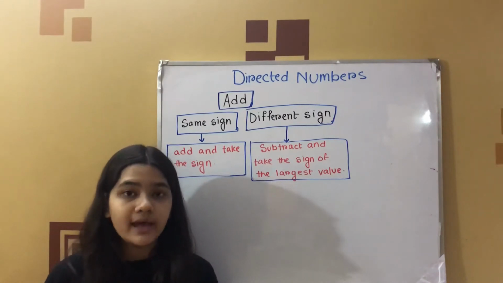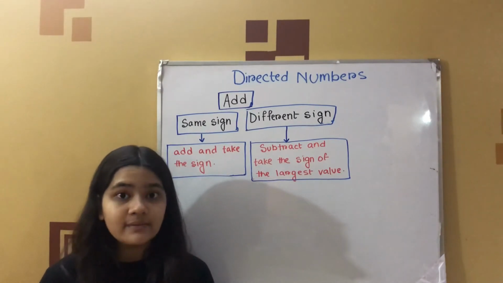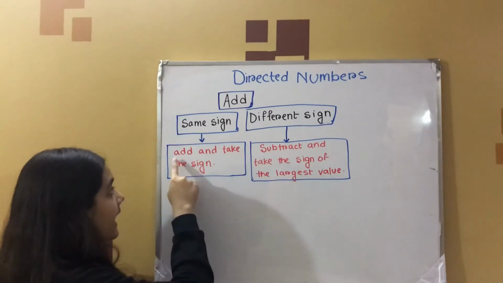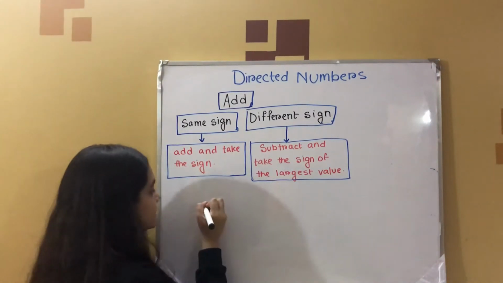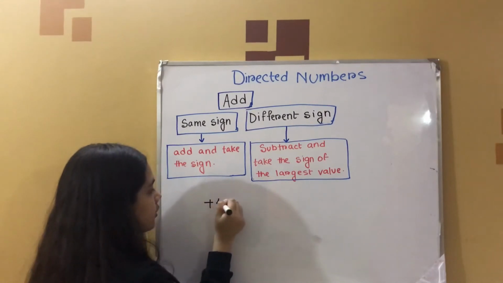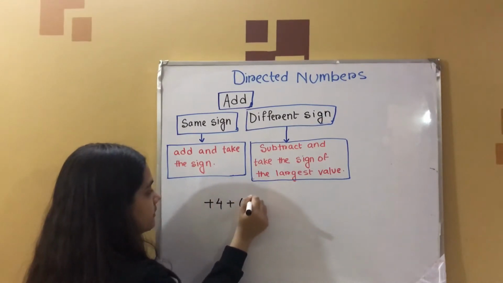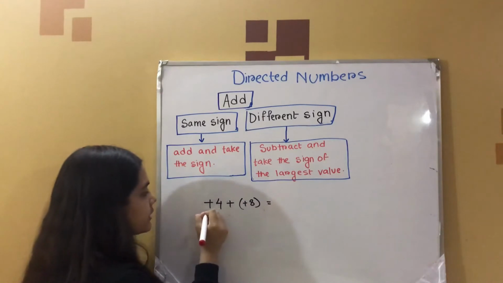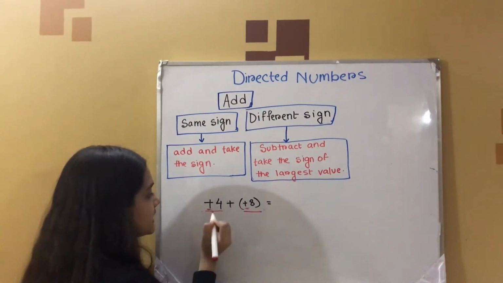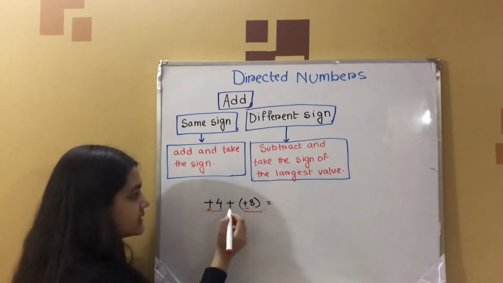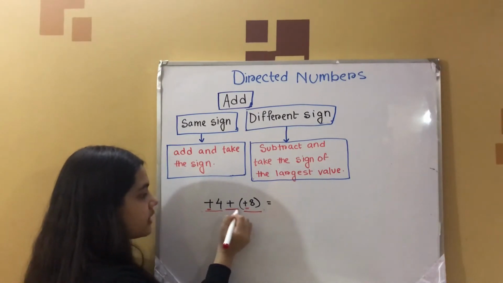When we are told to add numbers with the same sign, we are going to add the numbers and take the sign. For example, +4 plus 8. See over here, we have two positive numbers and both the numbers have the same sign before it, and we are told to add the numbers together.